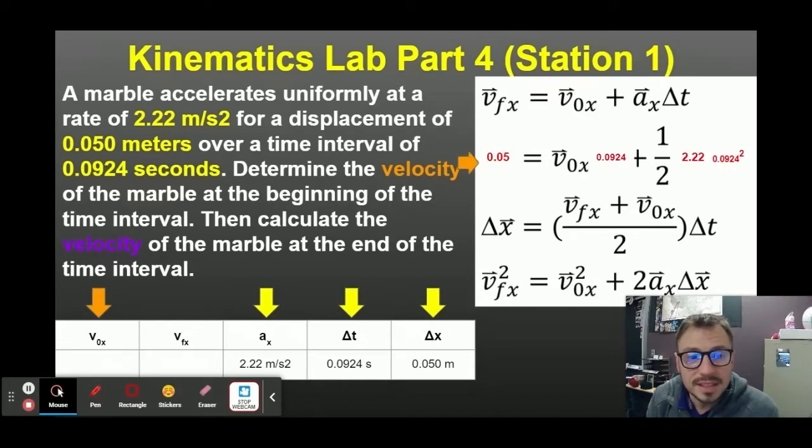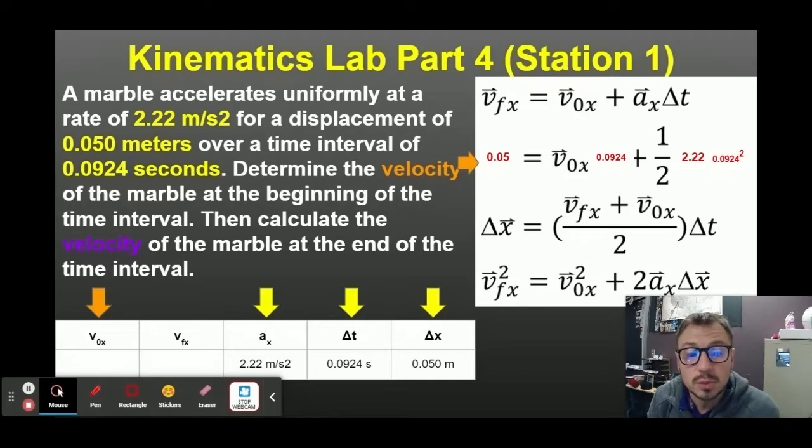So now I plug everything that I know into that equation, but now it gets a little complicated because I'm going to have addition and subtraction, just because the initial velocity isn't 0. It does have a number. So now I'm going to need to be careful with those order of operations. So now I can solve for my initial velocity. Just remember that subscript, that 0, doesn't mean you multiply by 0.